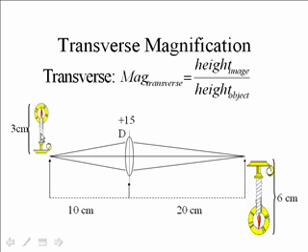Amongst each of those bundles, there is also one special ray, one ray that passes through the center of the lens and emerges from the lens undeviated. And we refer to those all as central rays because they are the rays that are in the center of the bundle passing through the lens and are passing through the center of the lens.